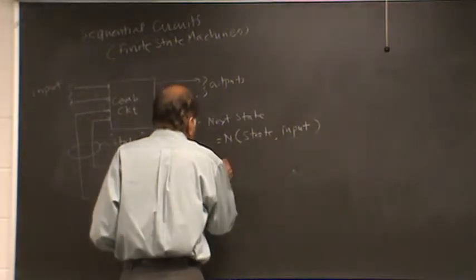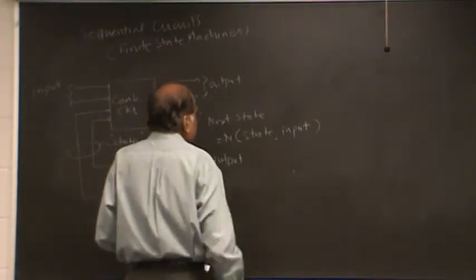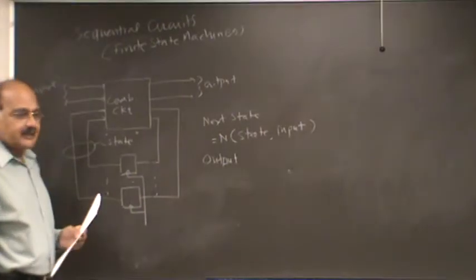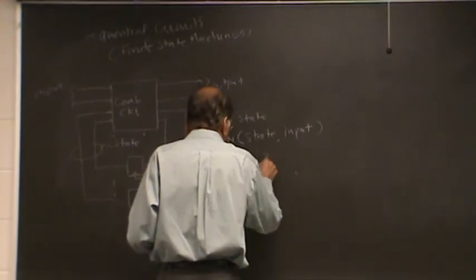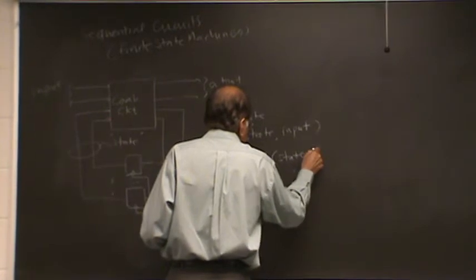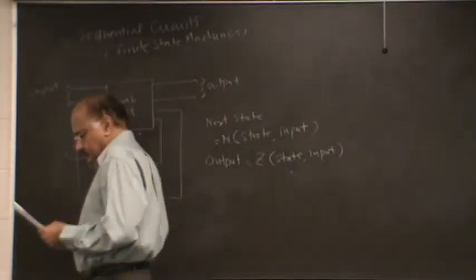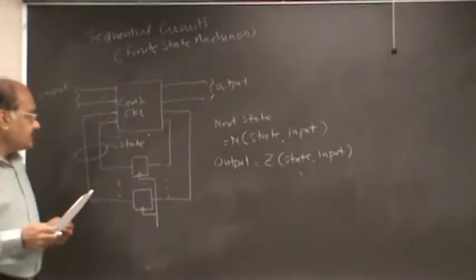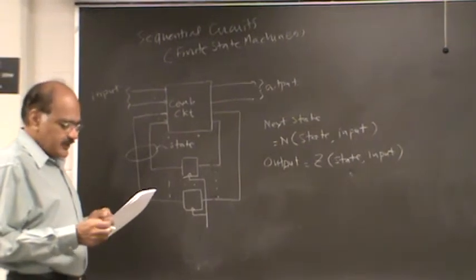And let's call these lines collectively the output. The output also depends on the state and the input. Basically, this is what characterizes finite state machines.